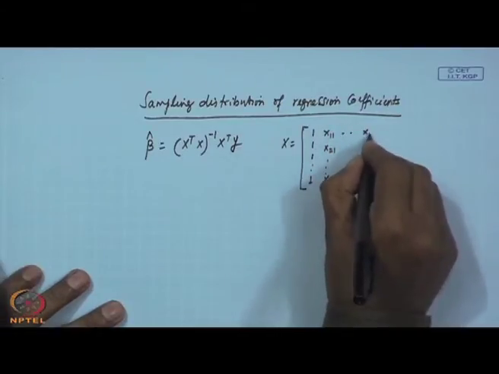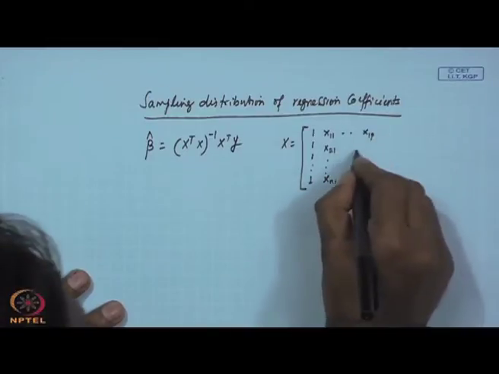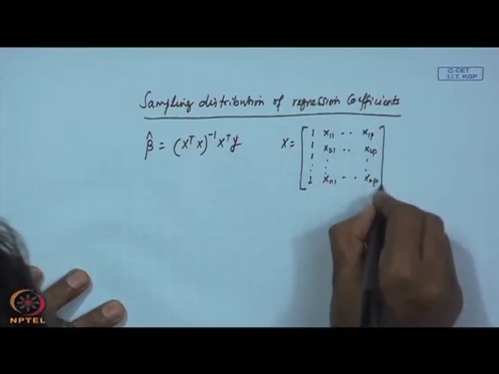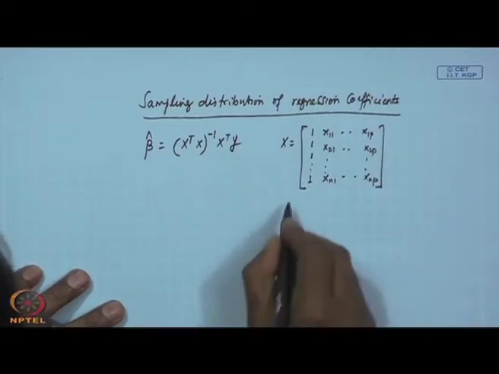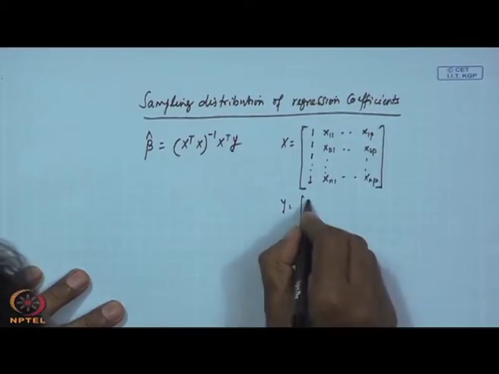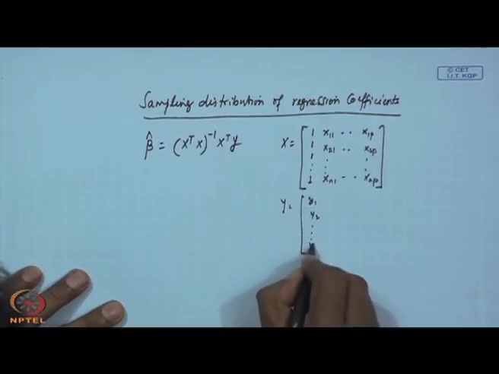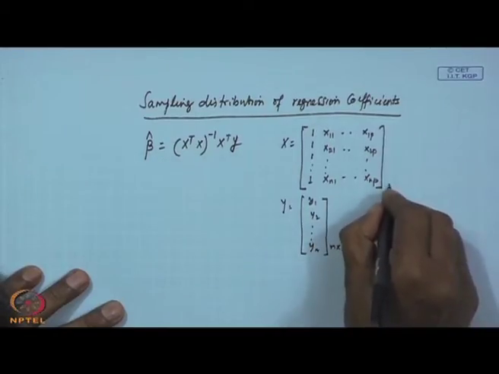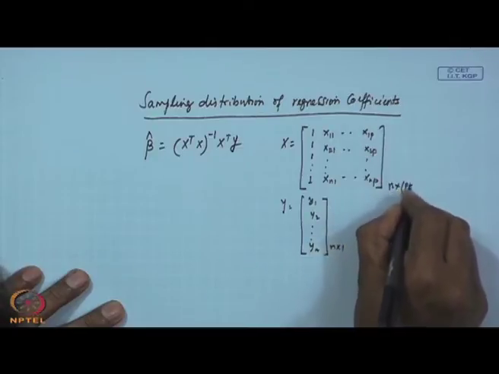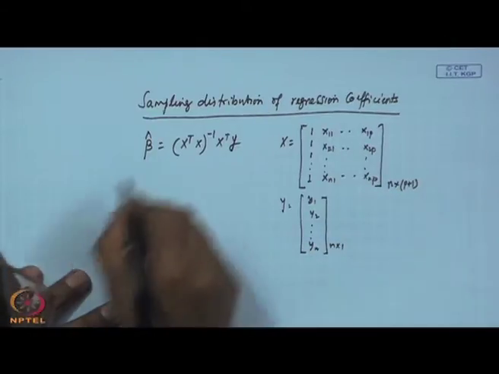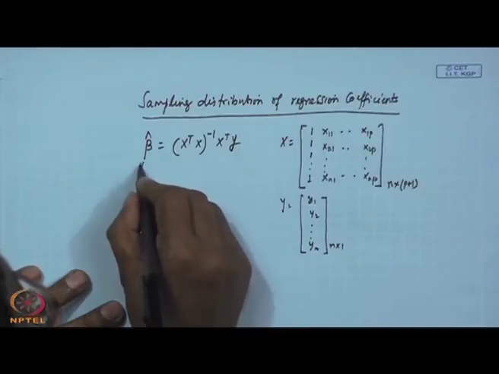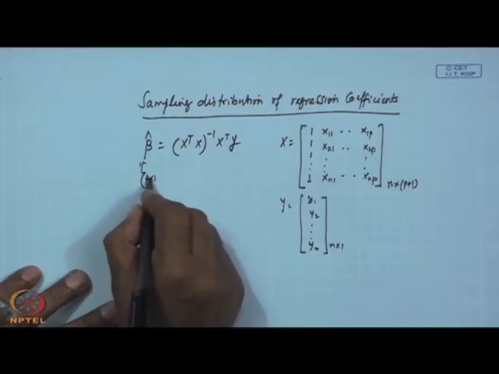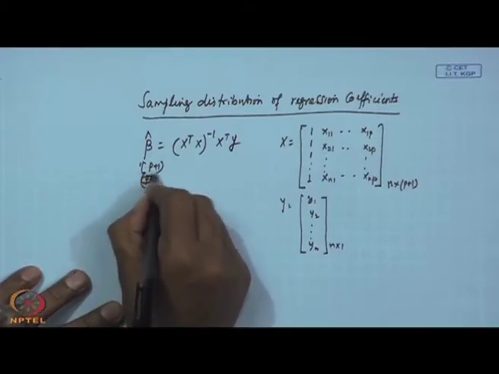Similarly, the last one will be the pth variable data x1p, x2p, xnp, and Y is the n observations. This is n cross 1, this is n into p plus 1, and this one beta will be p plus 1 cross 1.